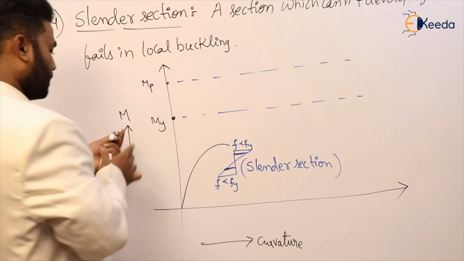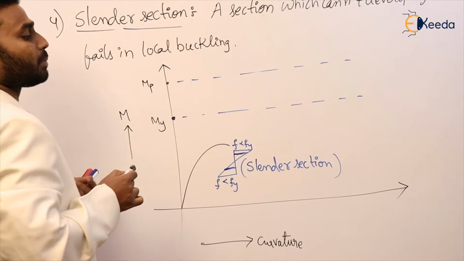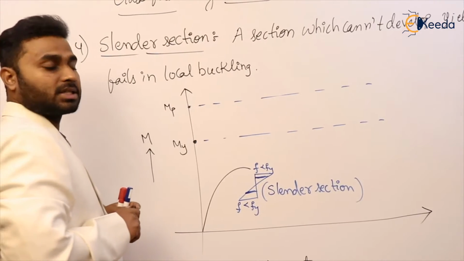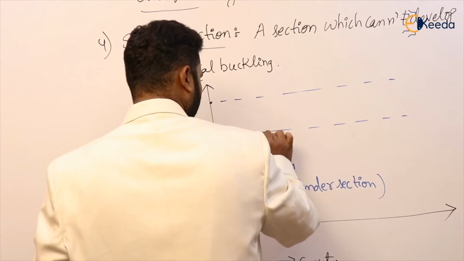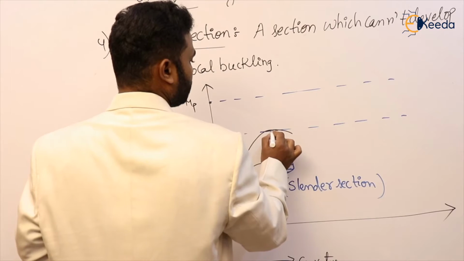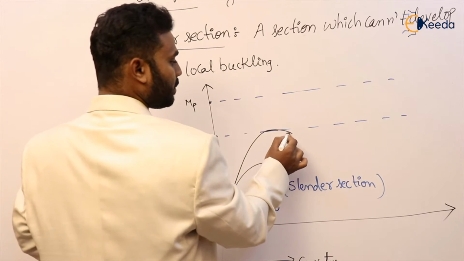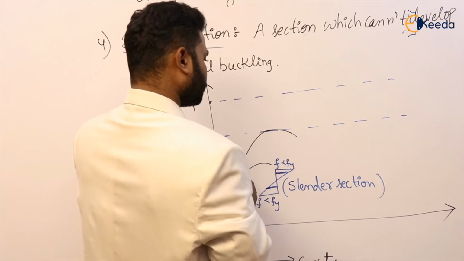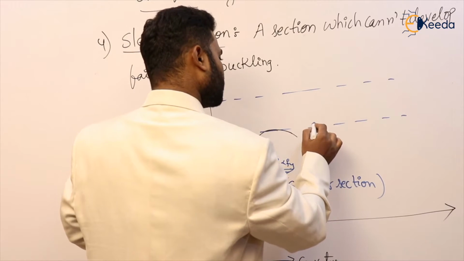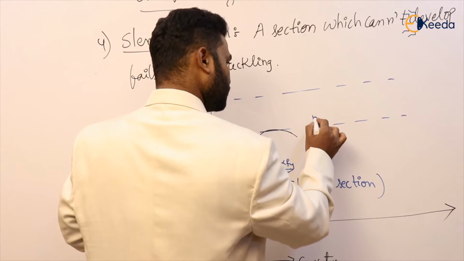Next, semi-compact section. We know that semi-compact section can develop yield stress or yield moment. So like this. Okay, so this is a semi-compact section. Now if we see the stress curve, the stress curve here is like this.